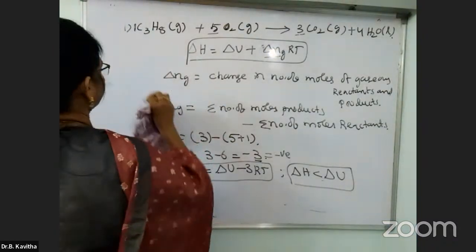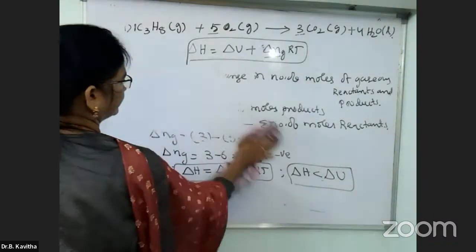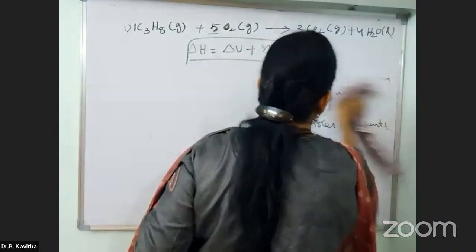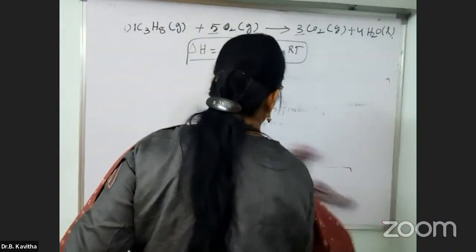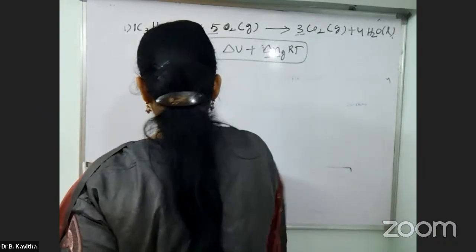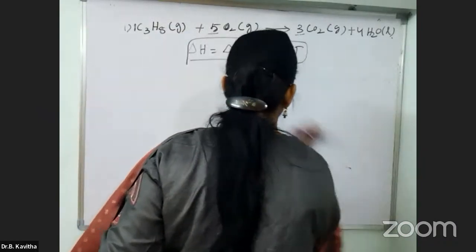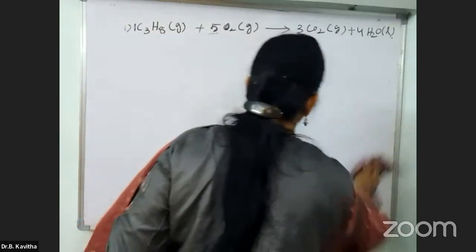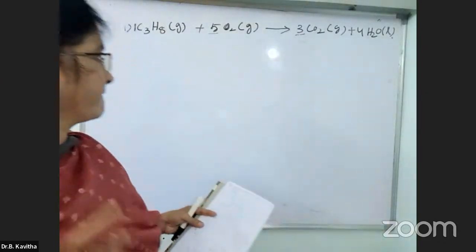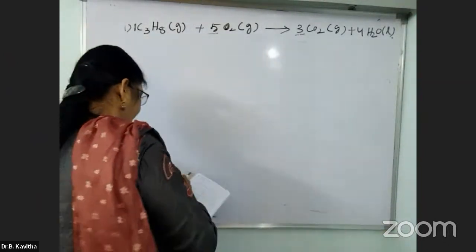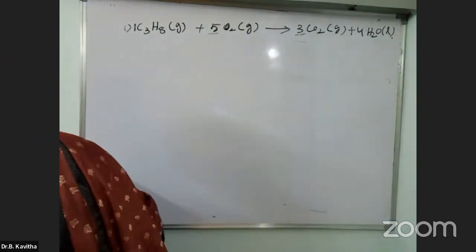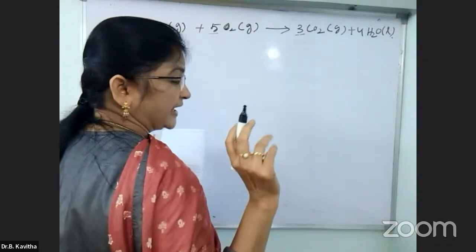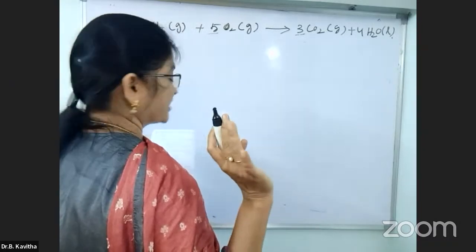This is the first one. The second example you can just calculate, and you can say whether delta Ng is positive, negative or zero.